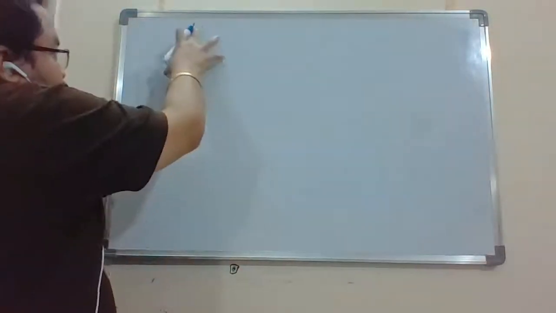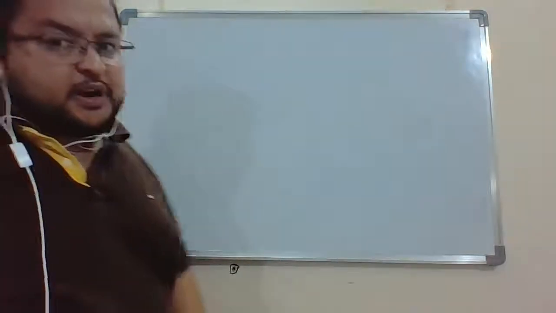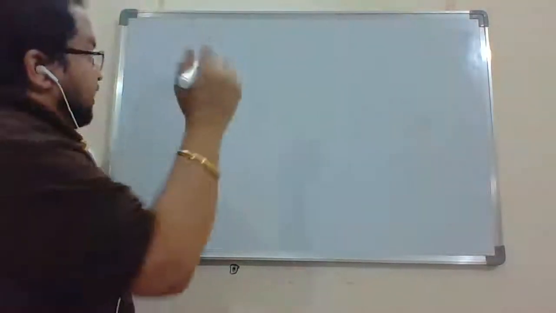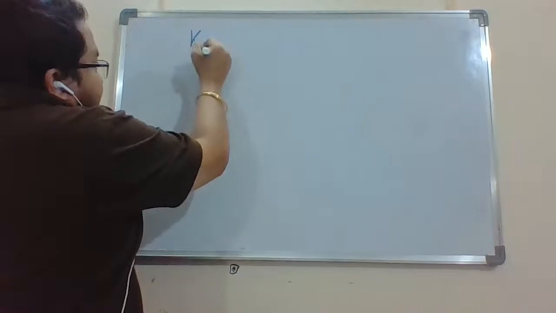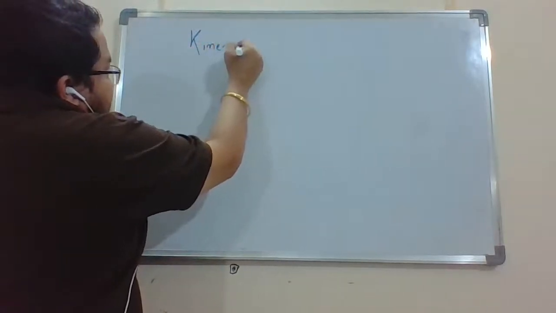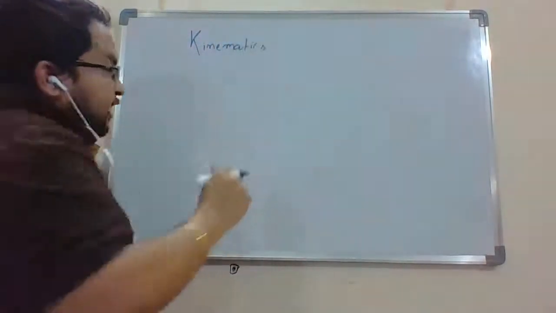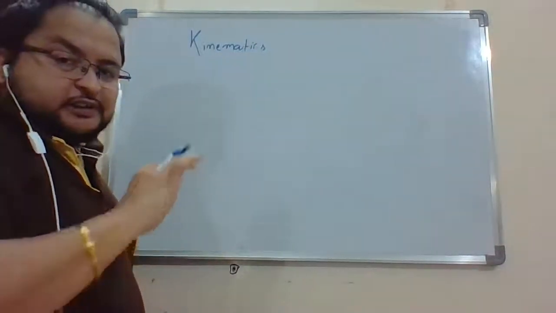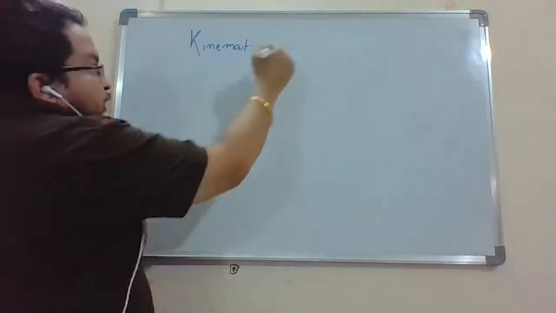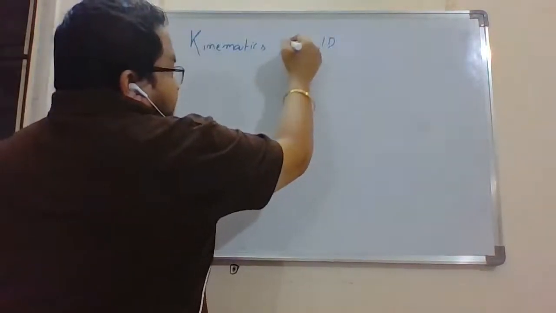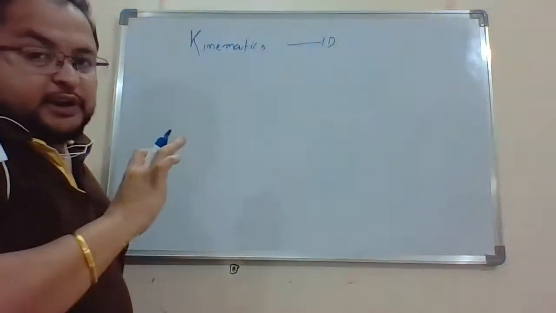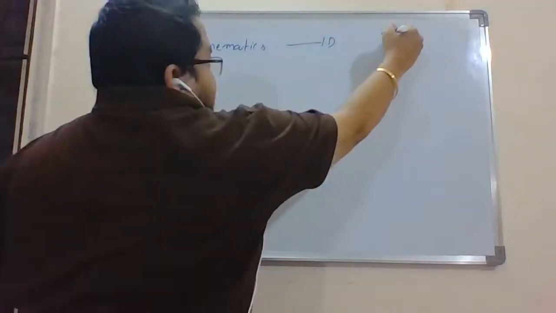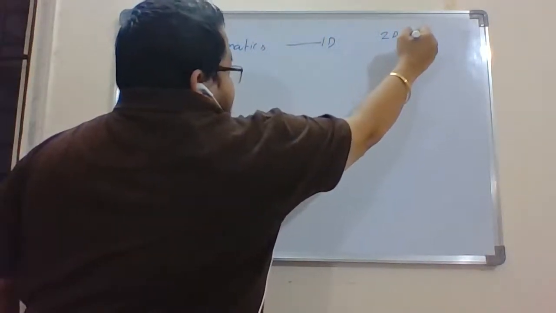So the flow of topics that we would be covering today: we would be starting this new chapter, kinematics. Okay. And in today's discussion, we would restrict our discussions to kinematics of rest and motion in one dimension only. We would be covering two dimensions and three dimensions later.